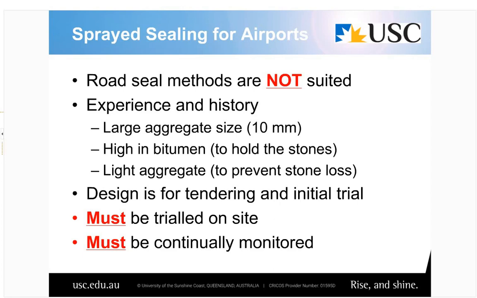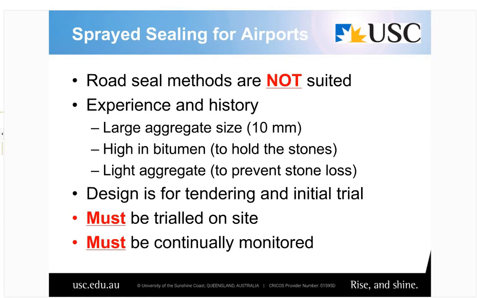As I said, from experience and history, the larger aggregate size will provide a better result because it requires more bitumen, and we try to spread the aggregate as lightly as we can without spreading it too lightly, because we don't want any excess stones there.